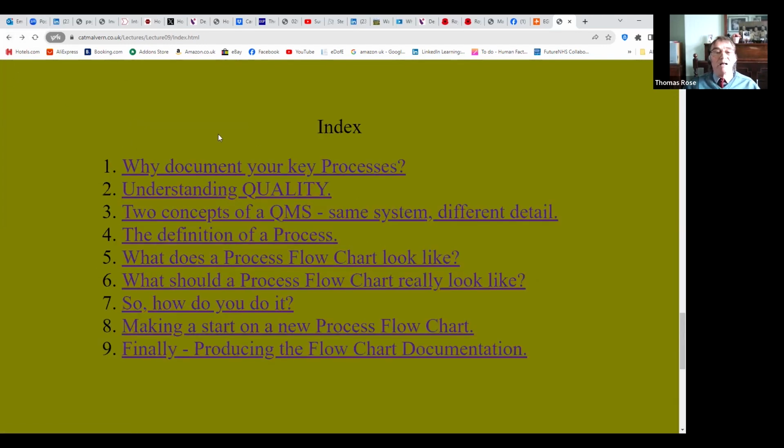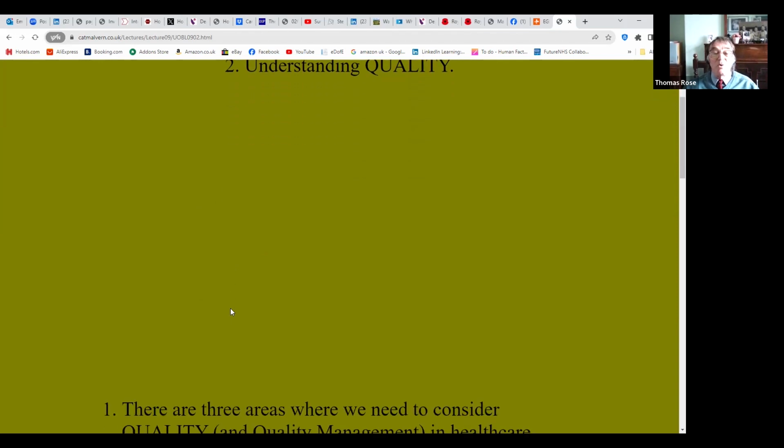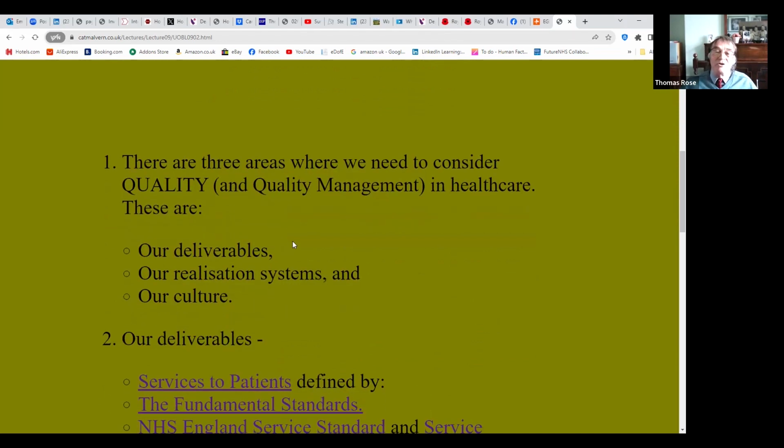That's why you should be documenting your processes. So now I'm just going to have a quick look at understanding quality. What do we mean when we talk about quality, and what are we producing that has this value called quality? Well, when you're talking about quality, especially quality management, you've got three areas to look at.